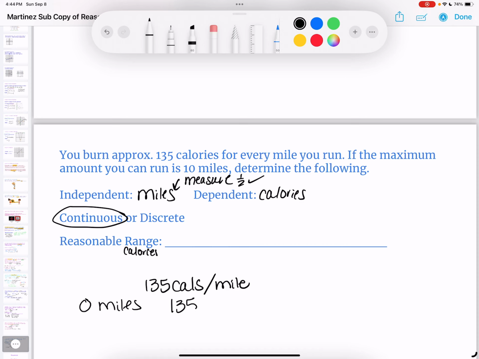Okay? Let's say we ran the most, which is 10 miles. It would be 135 times 10, which is 1,350 calories. Okay?